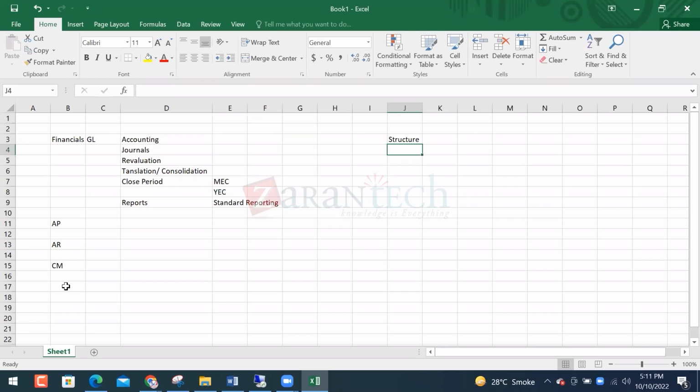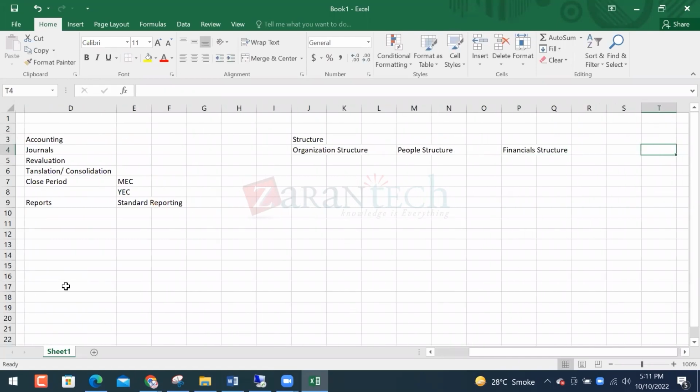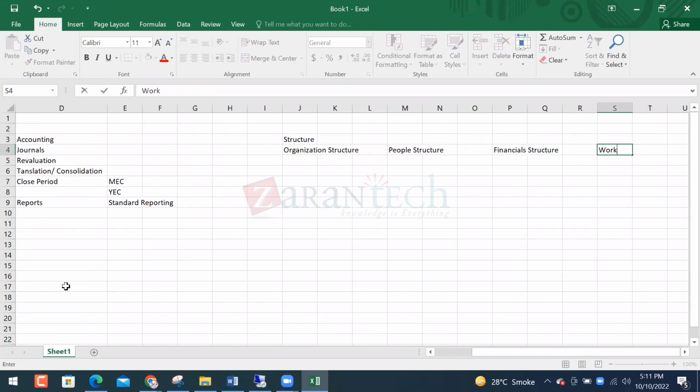When I talk about the structure part, we have organizational structure, people structure, and financial structure. Then finally we have Workday structure.